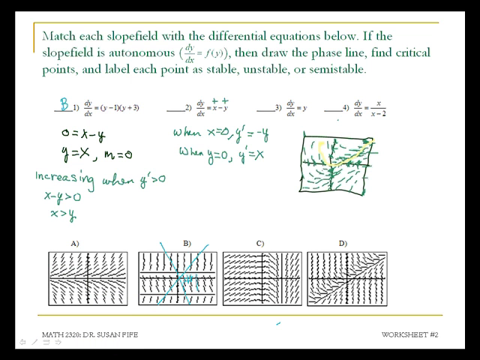If I start down here in the third quadrant, my graph starts out relatively horizontal, and it's increasing here, and continues going up.